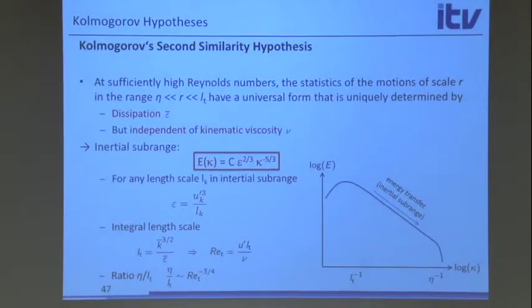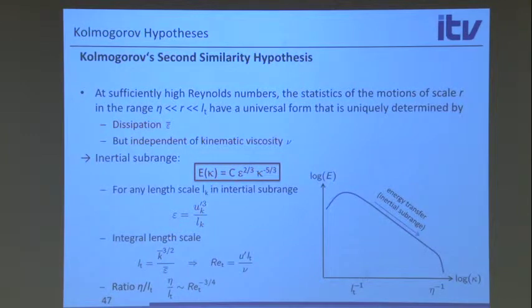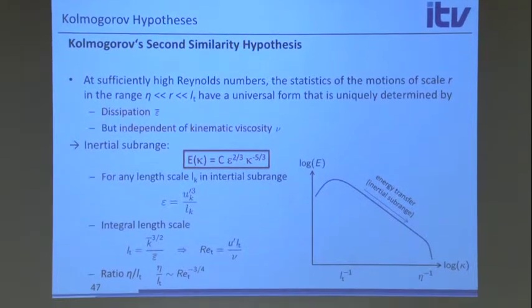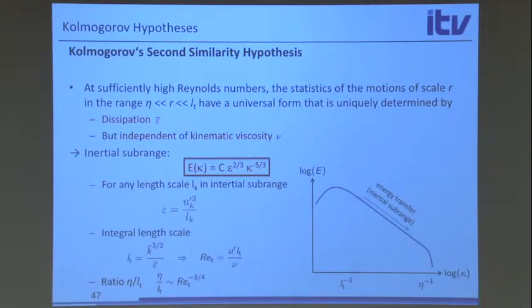So one example is that from these two relations, you can find the ratio between the largest and the smallest scale. Eta is the smallest scale, this is the largest scale. So that's the scale separation in a turbulent flow. That is proportional to Reynolds to the -3/4. That's just what it is, and you find this very easily from this relation.